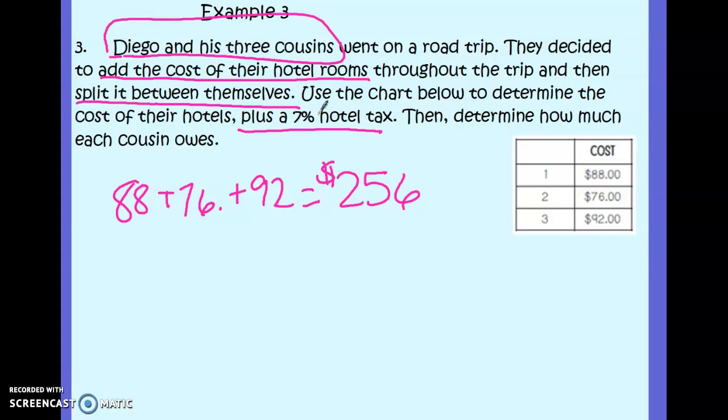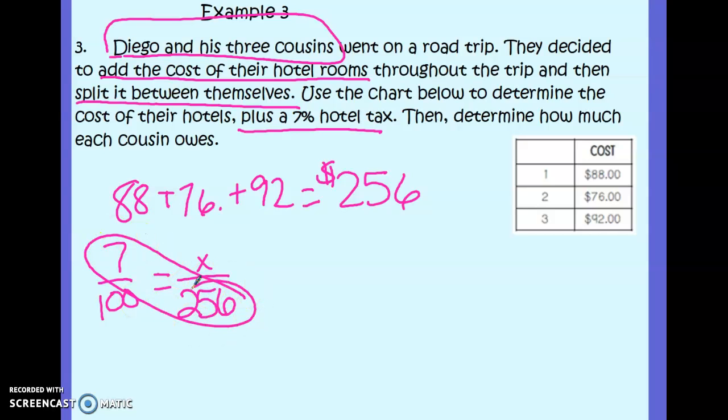Now I have to add my 7% sales tax. So I'm going to cross multiply 7 times 256. $1,792 divided by 100 is $17.92.